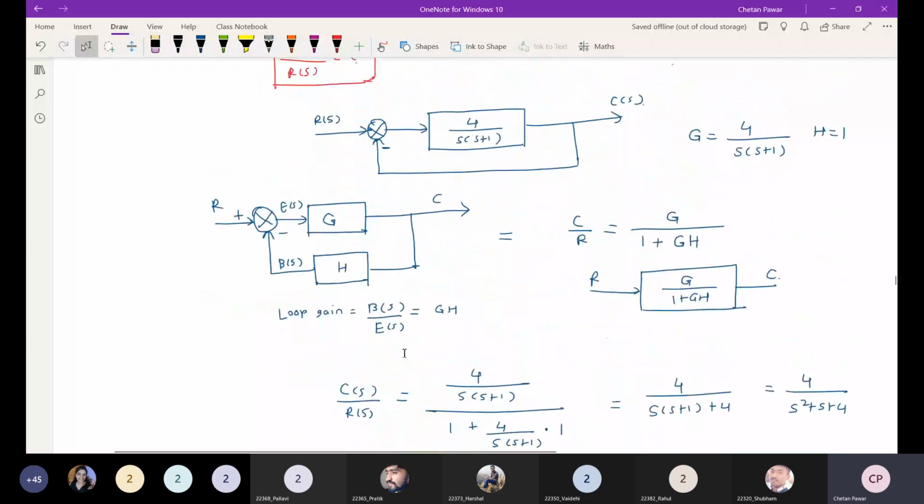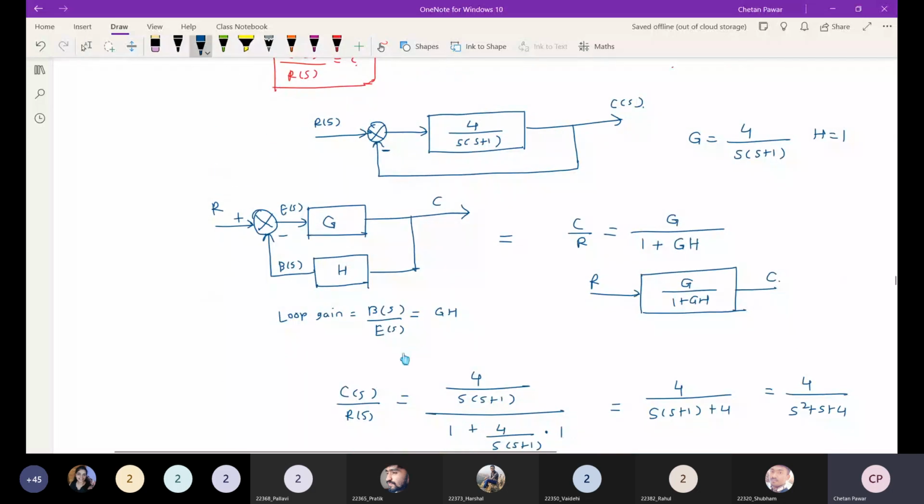What is the loop gain? The feedback output upon the error signal E of S, G into H. The forward path gain into feedback gain, or feedback factor, G into H. Okay, so this is the loop gain. So G upon 1 plus GH when there is a negative feedback. Okay.